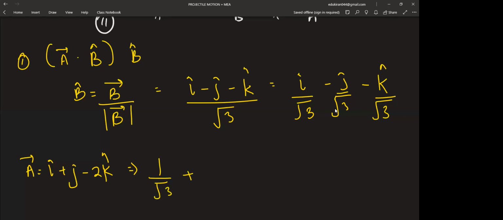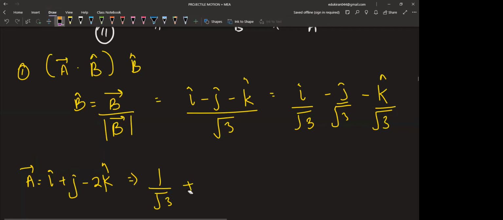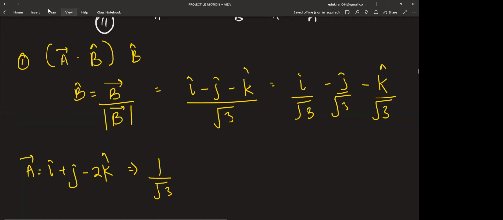Plus, minus 1 by root 3 getting multiplied to plus j cap, that becomes minus. Root 6? 1 plus 1 plus 1, root 3. How 6?